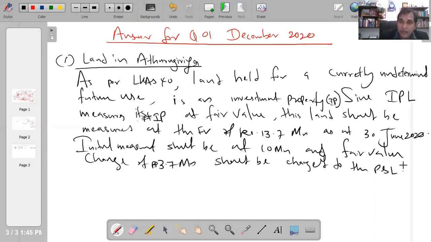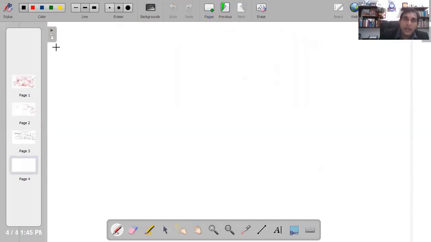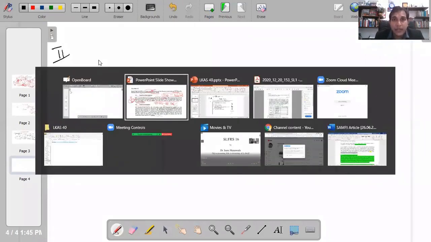So this 3.7 you calculated, 13.7 minus 10. If you need, you can write down that one as well. Yes, moving on. Second land in Gampaha. Let me read that.